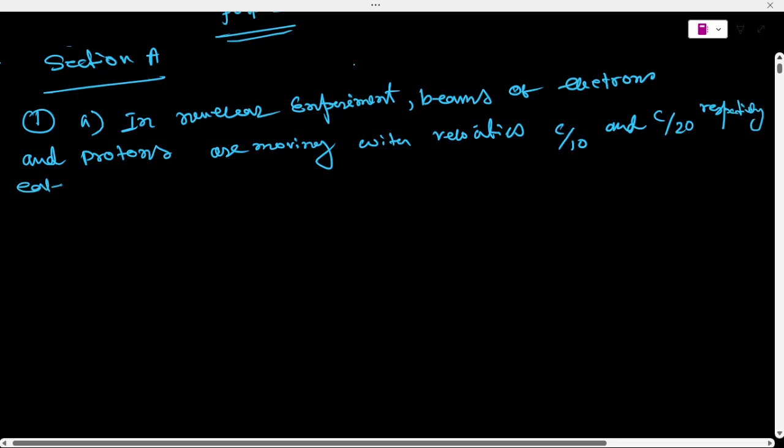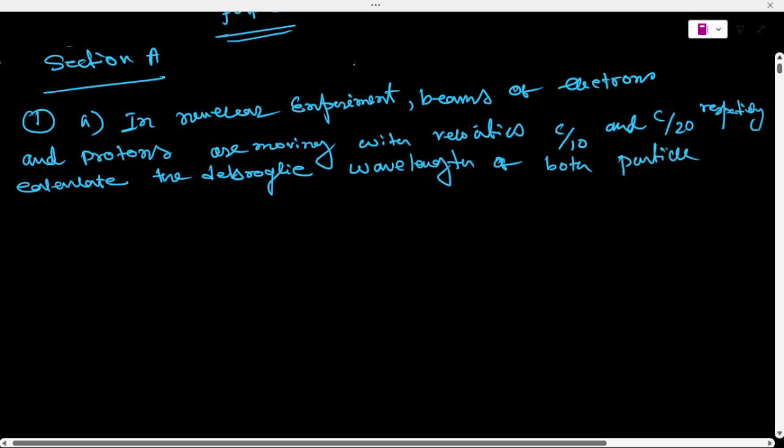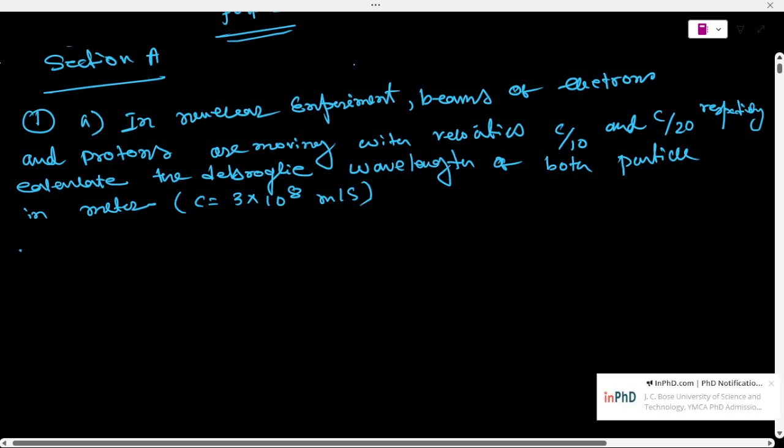Calculate the de Broglie wavelength of both particles in meters. c is the speed of light, where c is equal to 3 into 10 to the power 8 meter per second. So this is question number 1.